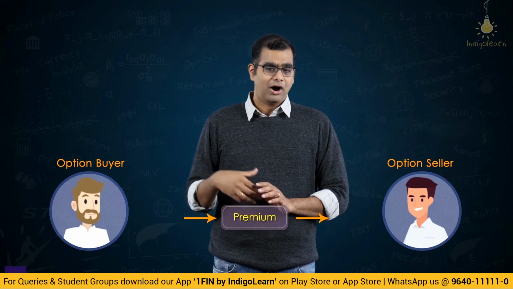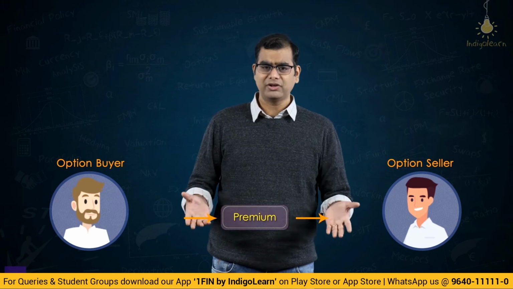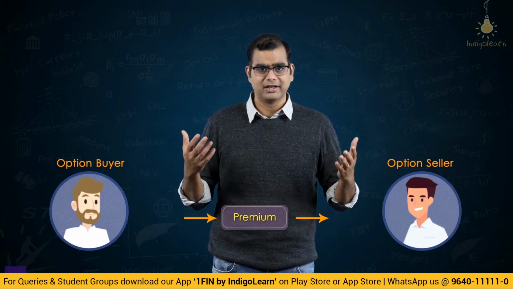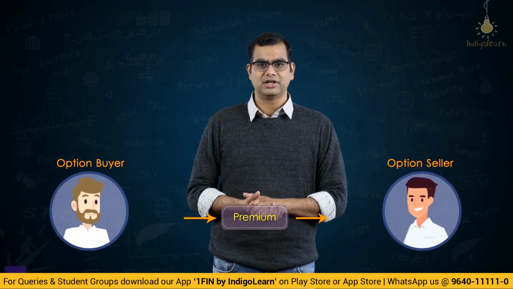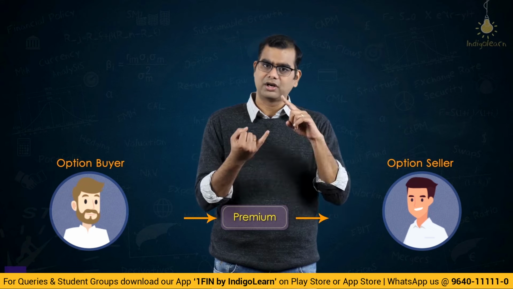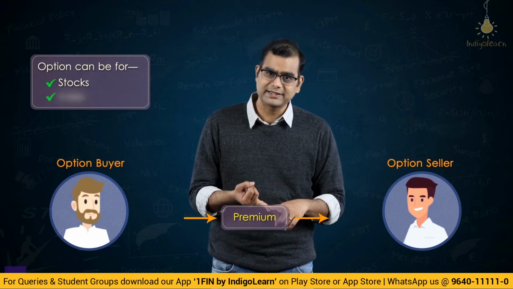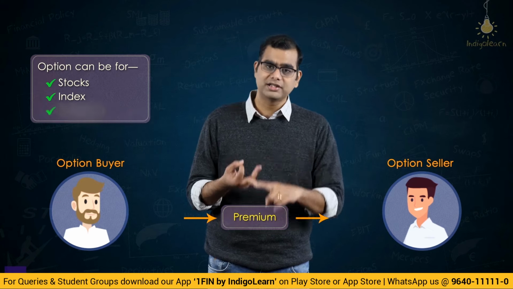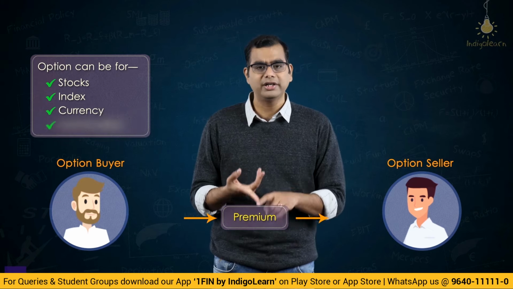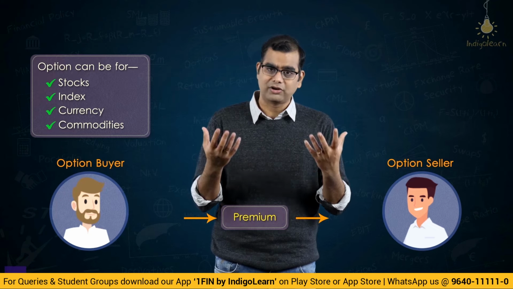Then options can be for what all scenarios. You can have it for real life also. In fact, there is an entire theory called real options. But if you look at it from the perspective of our financial system, options can be for individual stocks, indices, currencies, commodities, and also interest rates.